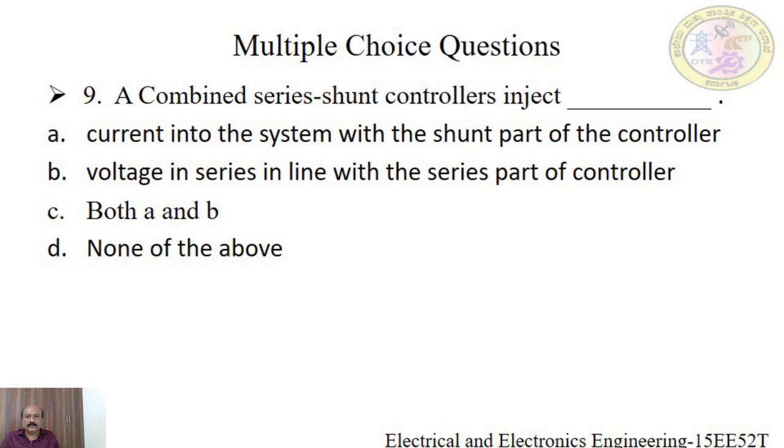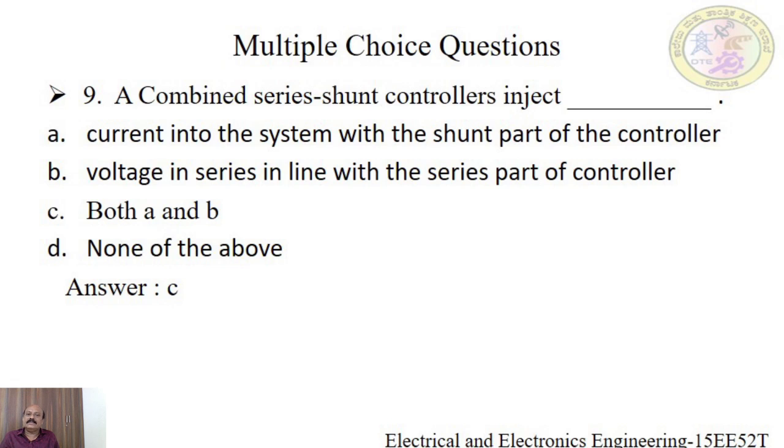It is true. Then the voltage in series in line with the series part of the controller is being done with a series controller. It is also true. Hence, the appropriate answer would be both A and B. Let us see the answer. C, correct. Both A and B statements are correct.